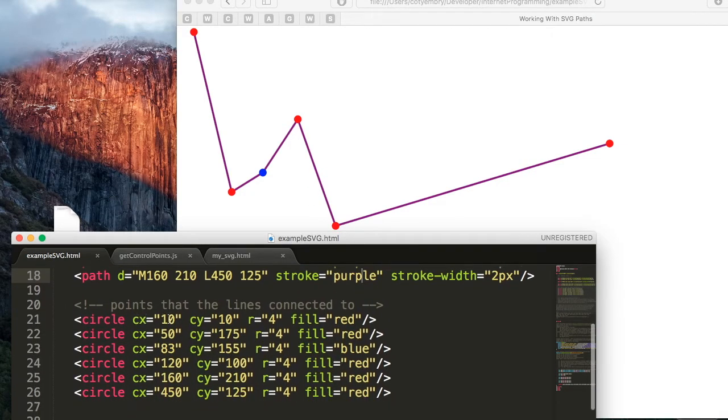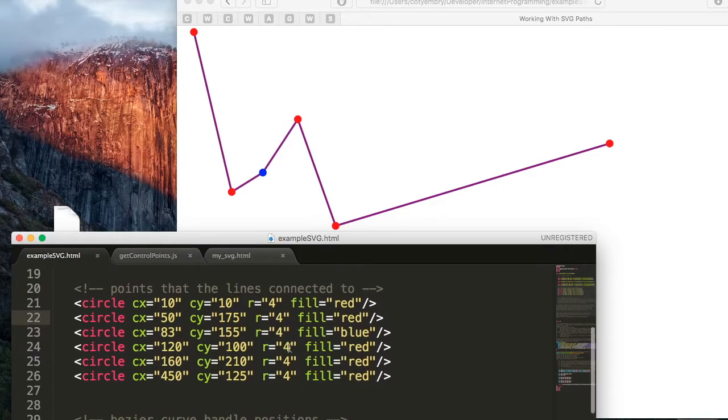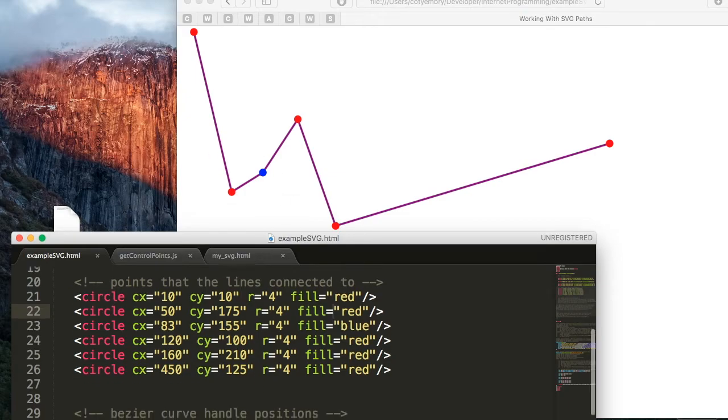Then I simply drew circles at 10 and 10, 50, 175, 83, 155, and so on. You see that one's filled in blue instead of red like the rest, with a radius of 4, which is how fat the circle is.